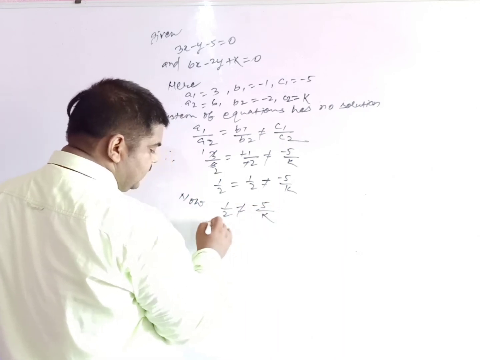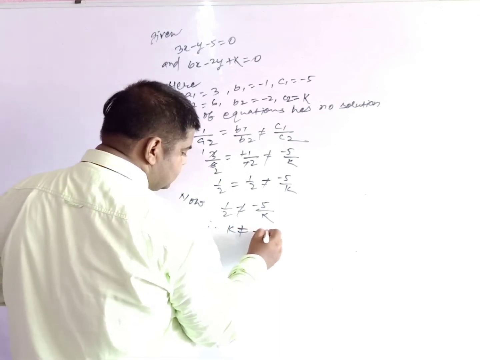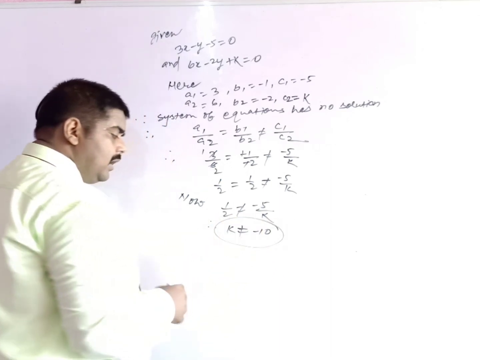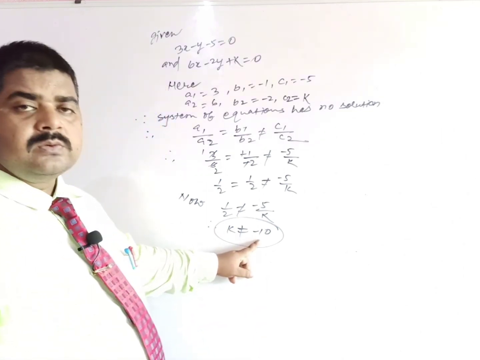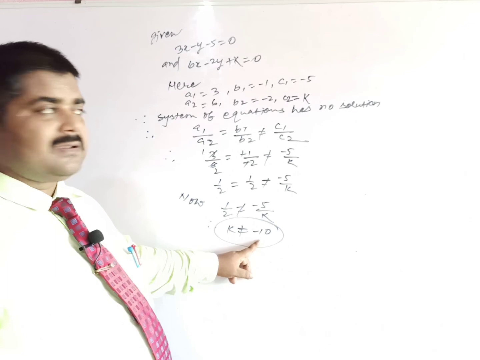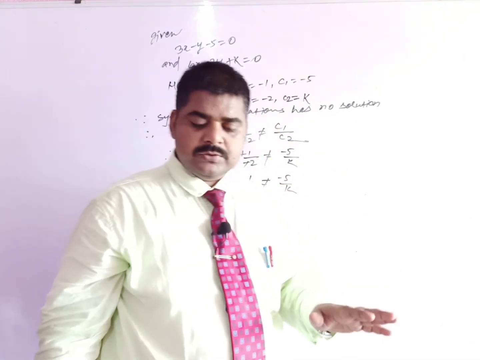By cross multiplication, k does not equal minus 10. So when the value of k does not equal minus 10, then this system of equations has no solution.